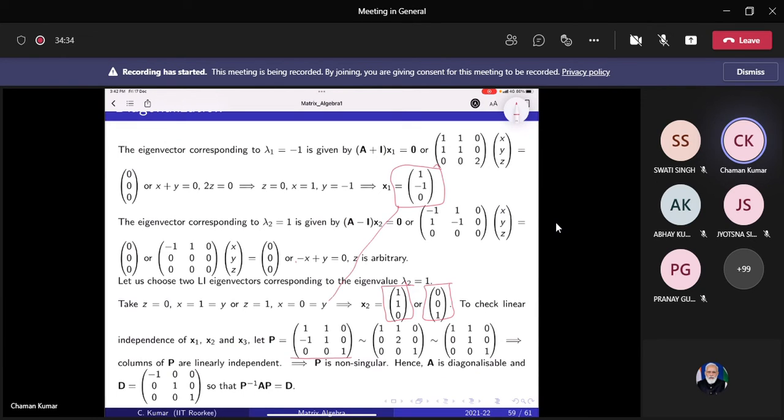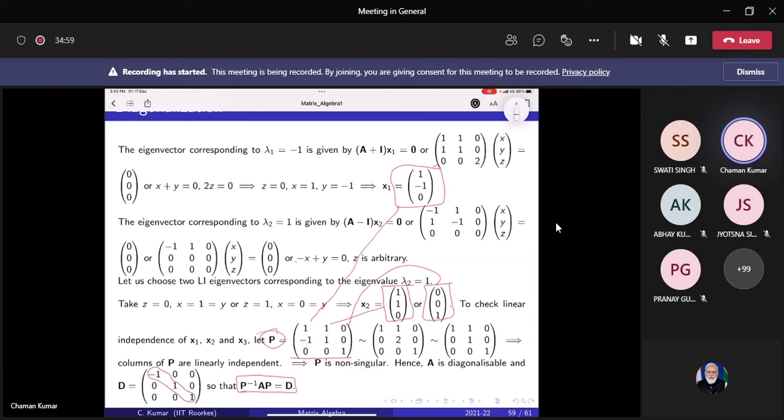You put this as first column, this as second column, and this as third column to form the matrix P. And then you can check P inverse AP is equal to D, where D is the diagonal matrix with the eigenvalues as the diagonal values in the same order.